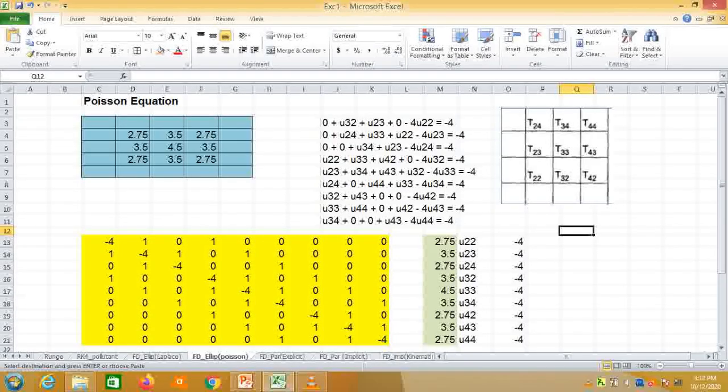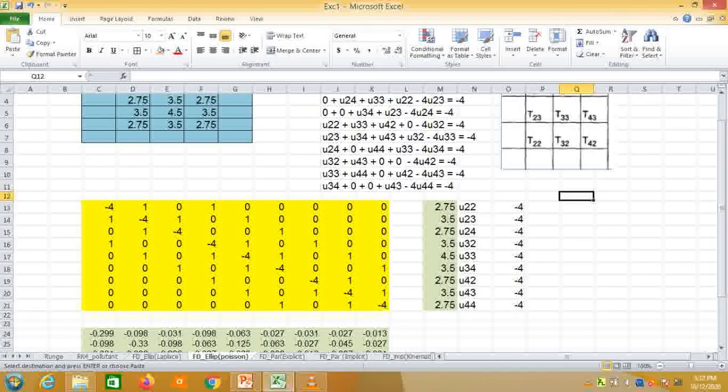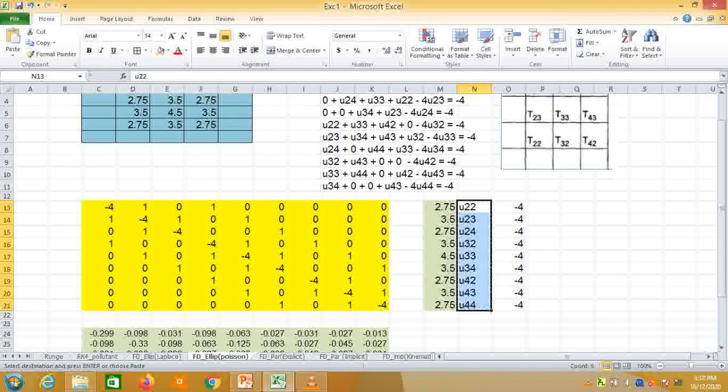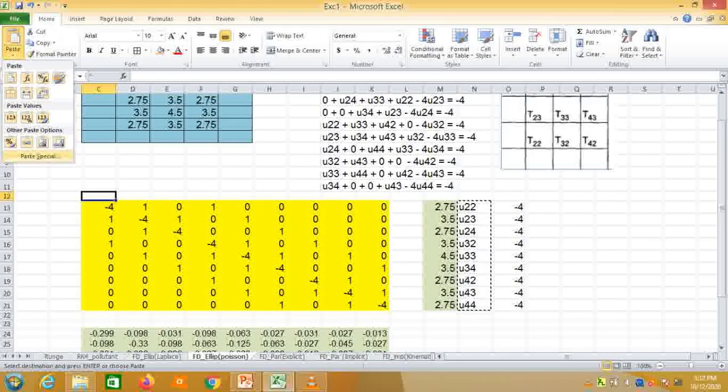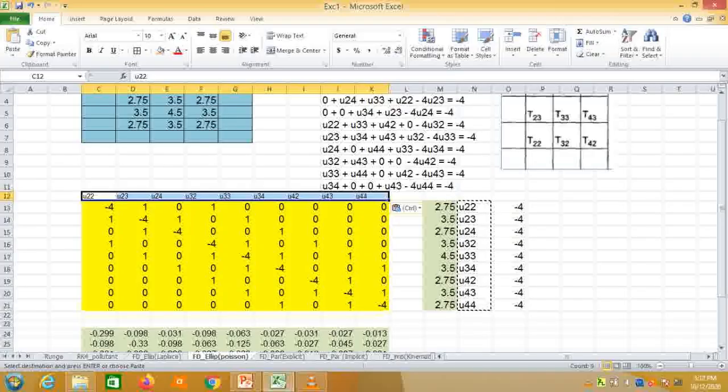Now, rearranging terms, you have this form of the linear expression of the equations. These are the corresponding coefficients for each one of those nodes.